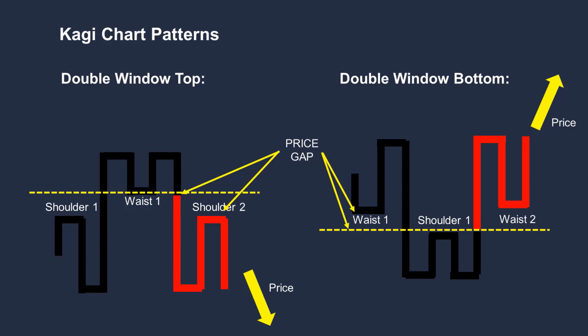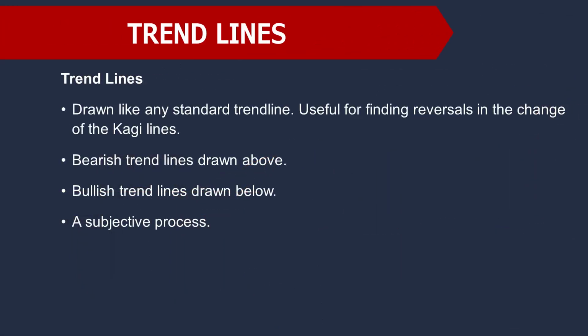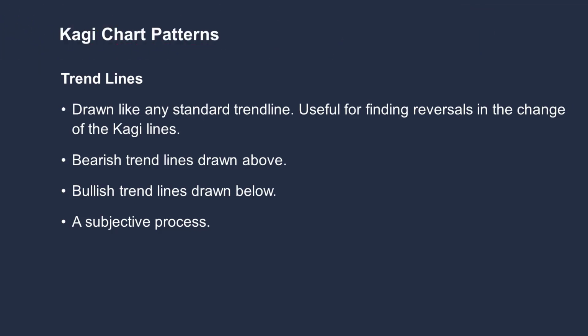So that is the double window top, double window bottom, and like I said, you can have treble bottoms, tops, more than that, and the theory I suppose is very similar to what you'd see in candlestick and bar charts. Now trend lines are drawn like on any type of chart, whether it be bar chart or candlestick.